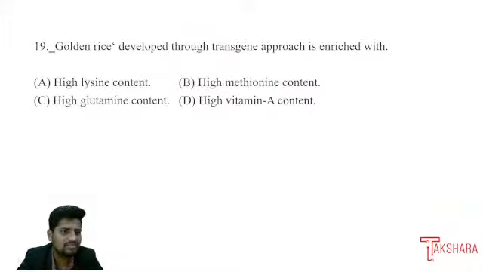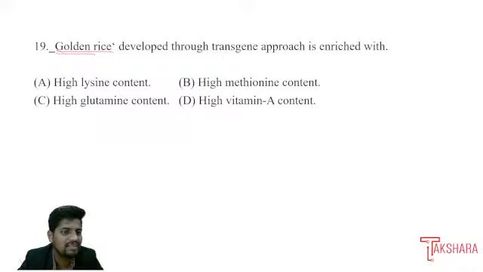And the next one, question number 19. Golden rice, developed through the transgene approach, is enriched with something. We call this golden rice because it is made up of beta carotene, which increases a major important content.